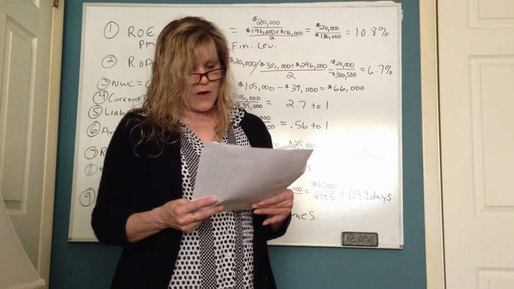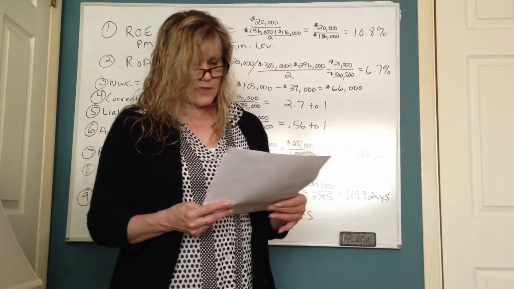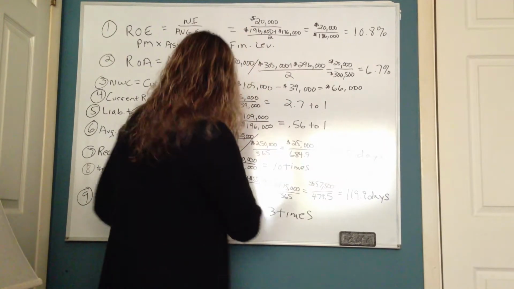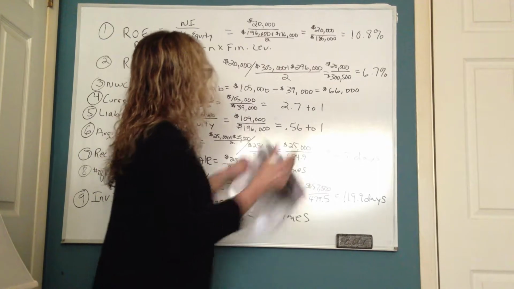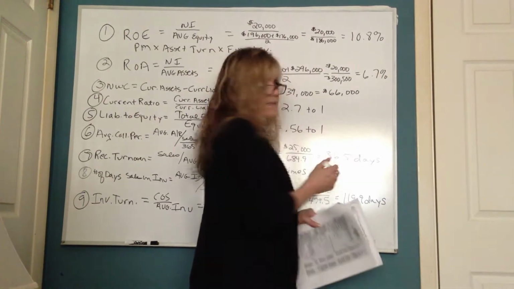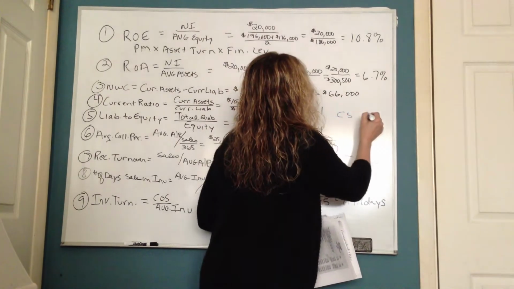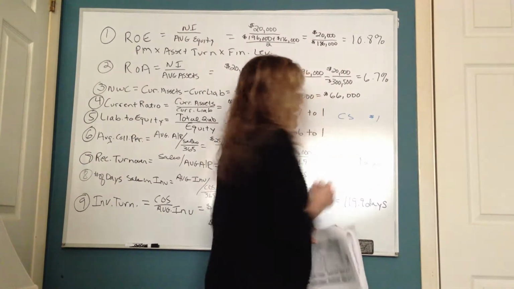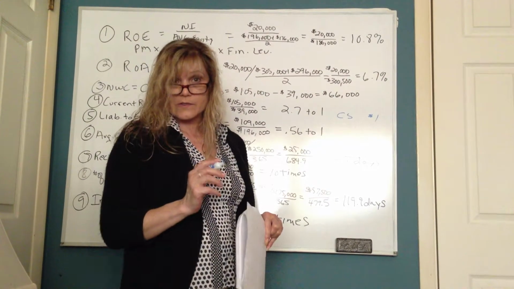So you will see an account below that called additional paid-in capital. So let me explain the difference between the two. So let's say I have stock. Let's say I sell stock, one share, and my par value is $1. I would have common stock here for $1. But let's say it sells on the open market for $10.